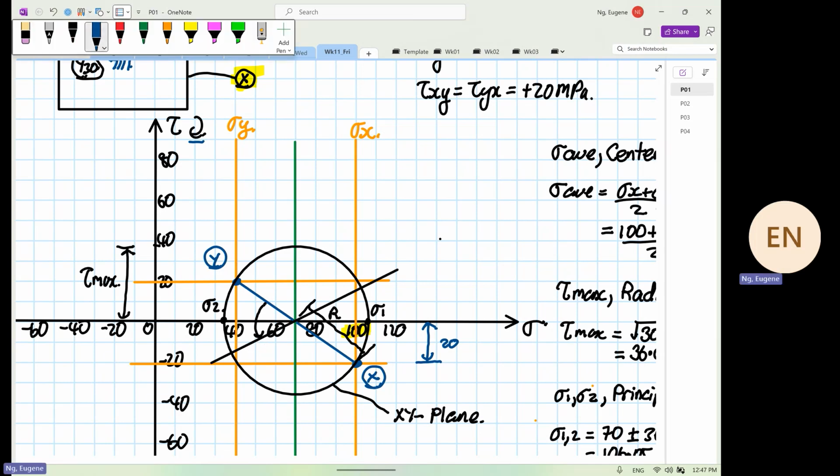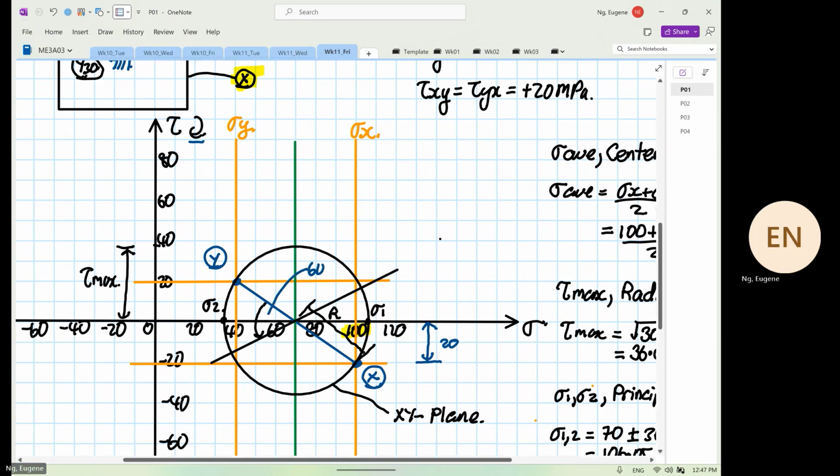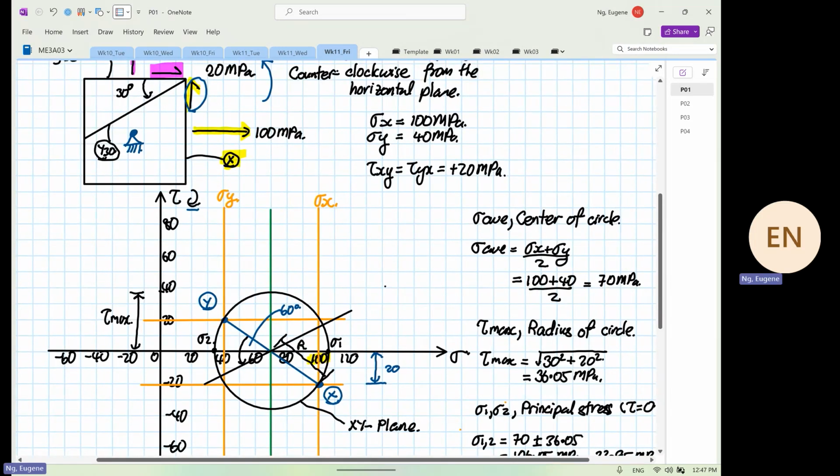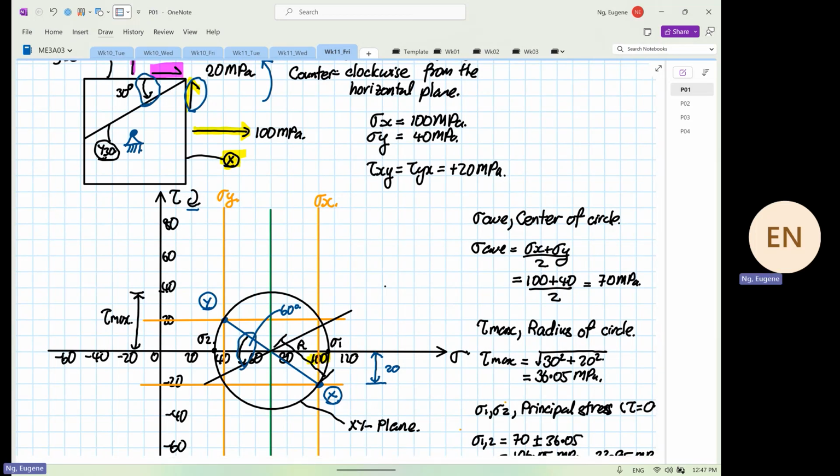So this angle over here is 60 degrees. The rotation direction has to be the same. This being anti-clockwise, this also has to be anti-clockwise. On the element it is 30 degrees, on Mohr's circle it is 60 degrees.